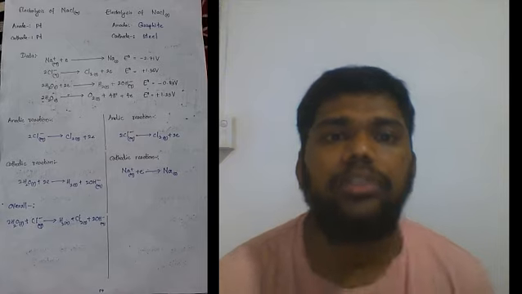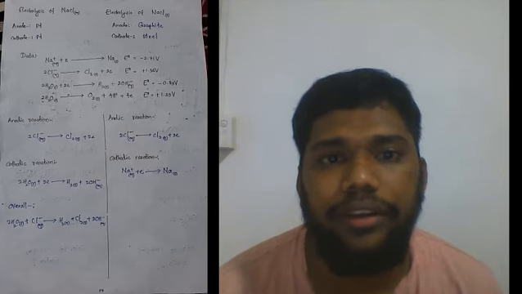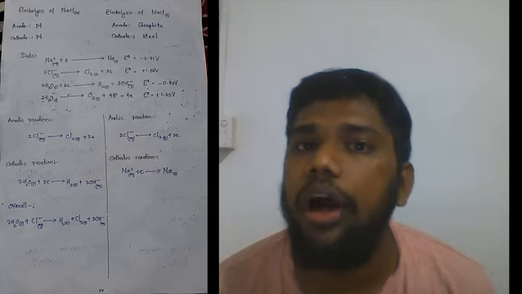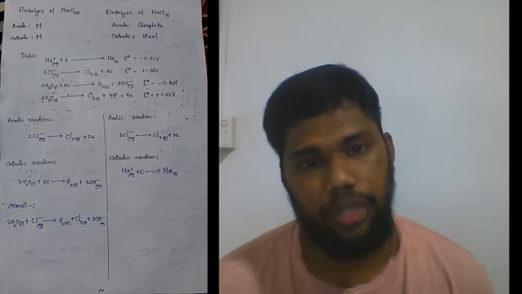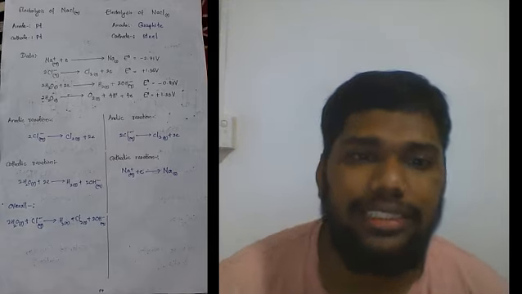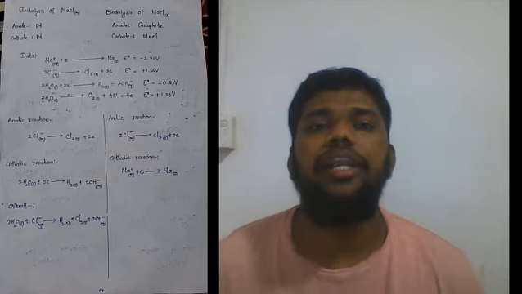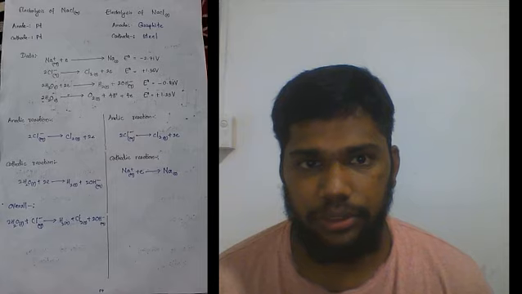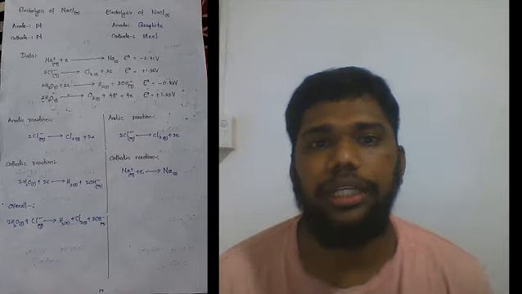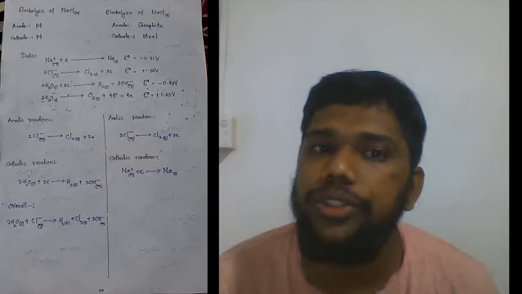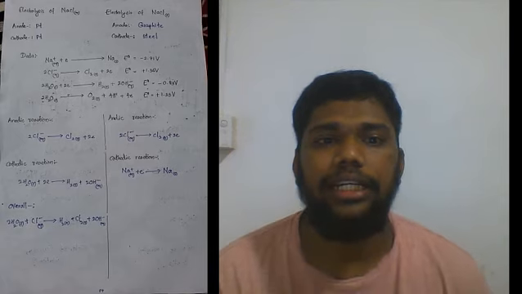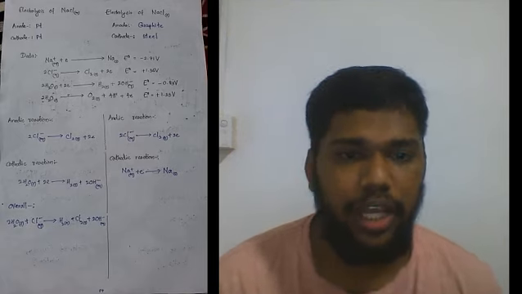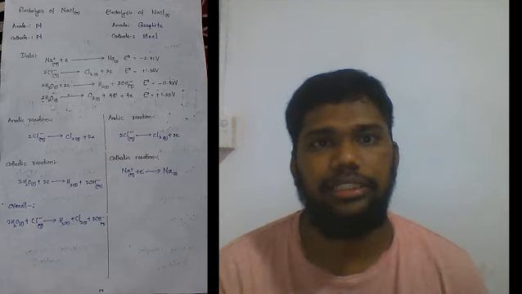So when you are talking about anodic or cathodic reactions, other than the thermodynamic factor, you need to talk about the kinetic factor as well. In this case, the anodic reaction is 2Cl minus giving Cl2 gas and 2 electrons. The cathodic reaction, according to the electrode equilibria, is that H2O, that means H plus, should be reduced to H2 gas. I have given the overall reaction of NaCl aqueous.